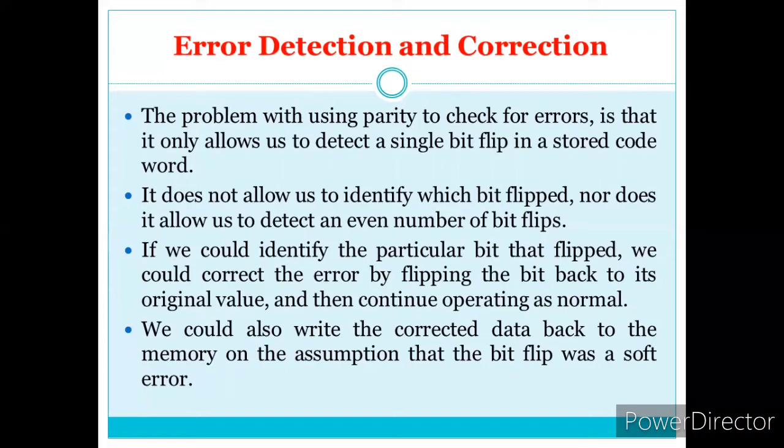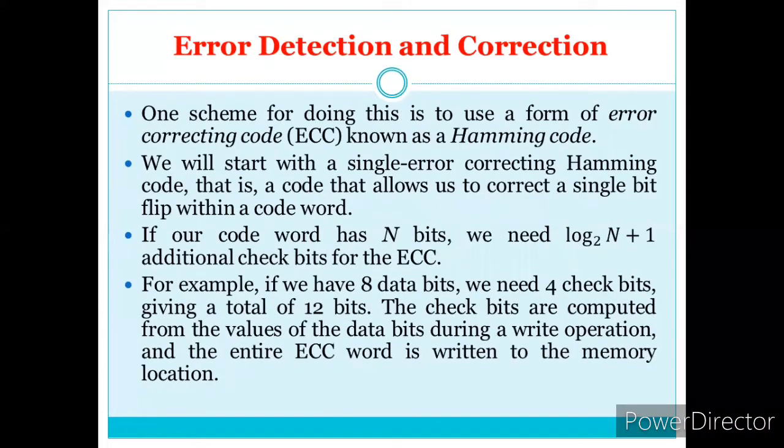This operation of detecting and correcting the flipped bit in the memory location is done with the help of one of the error correcting codes known as Hamming code.